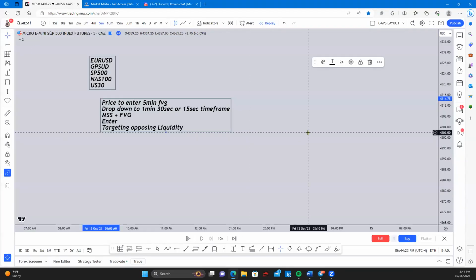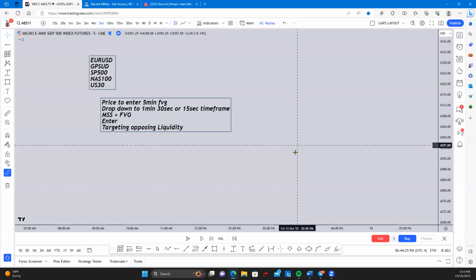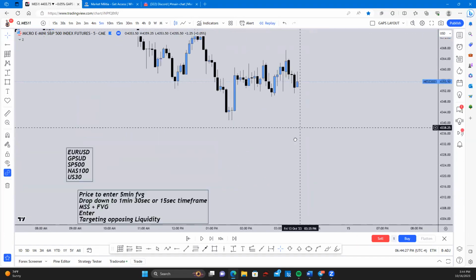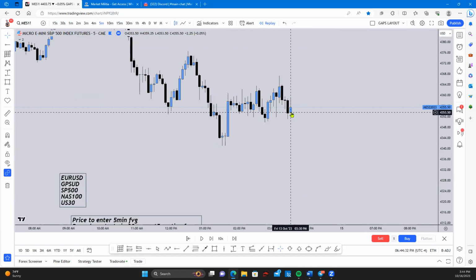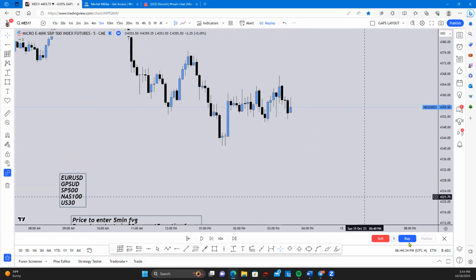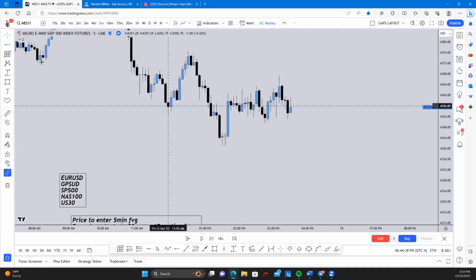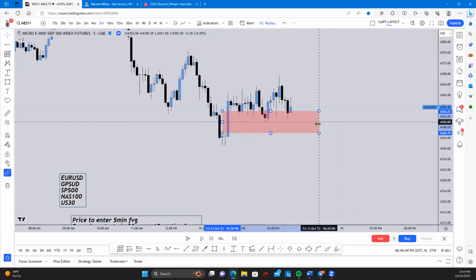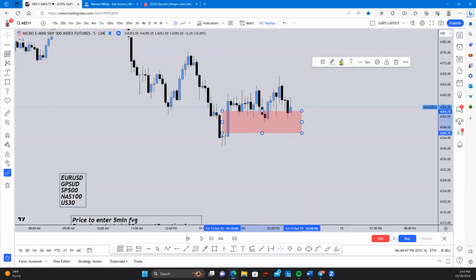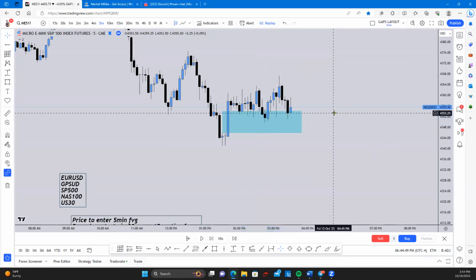But let's get back into this example here. On Friday, we're at the end of the day, about 3:30 p.m. EST. You always want to make sure that you're on UTC -4. We're on the 5-minute time frame, and if you notice, we're inside of this 5-minute BISI, this bullish fair value gap.